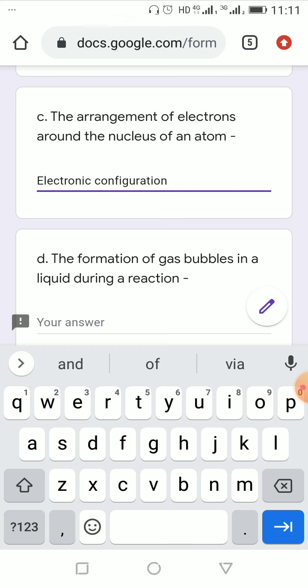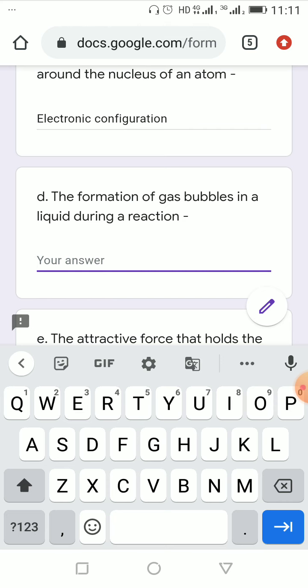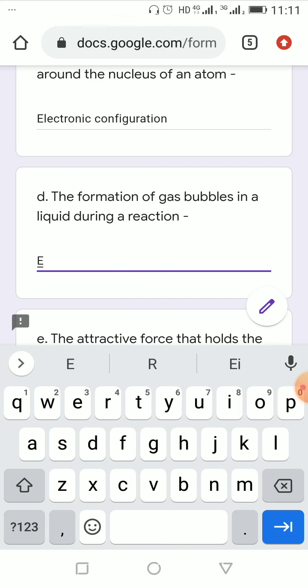Okay, arrangement of electrons around the nucleus of an atom. Next, the formation of gas bubbles in a liquid during a reaction. Formation of gas bubbles will be effervescence.